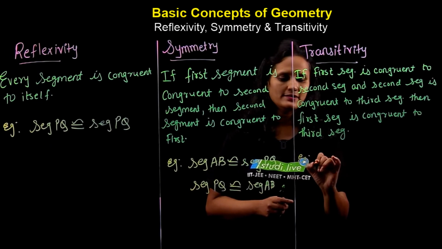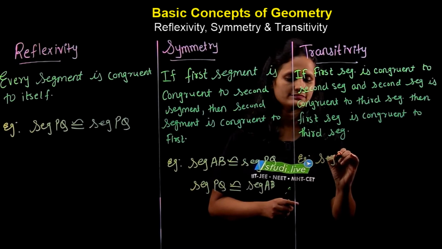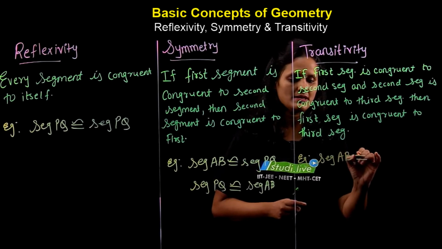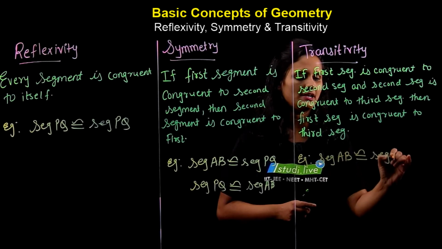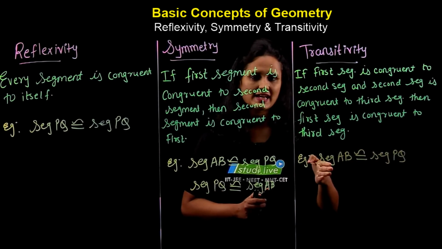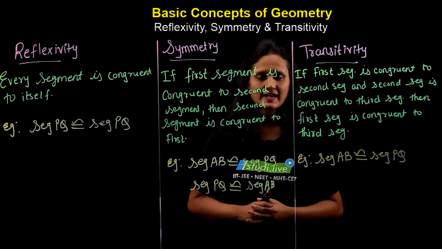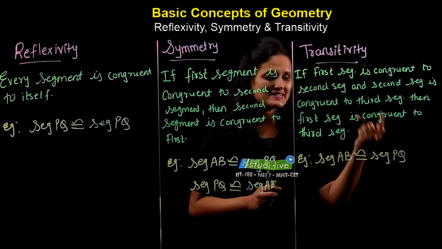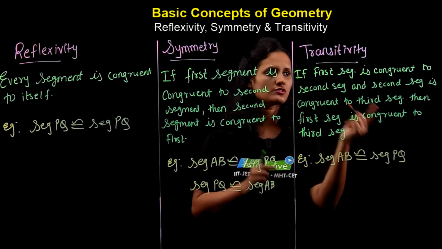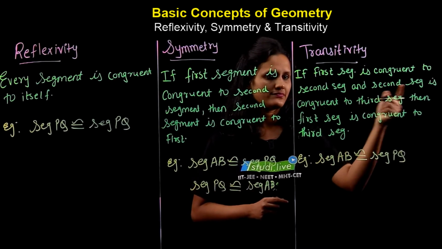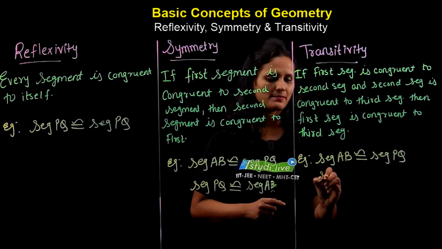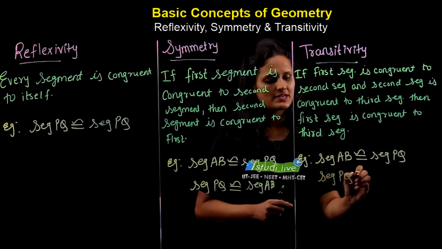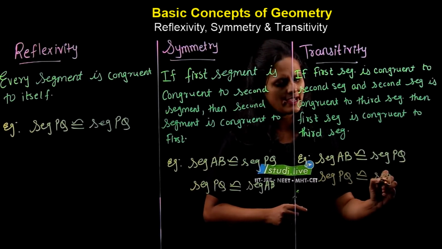If segment AB is congruent to segment PQ, okay, the first segment is congruent to the second segment, it means segment AB and segment PQ have the same length, and the second segment is congruent to the third segment. So segment PQ is congruent to segment XY.